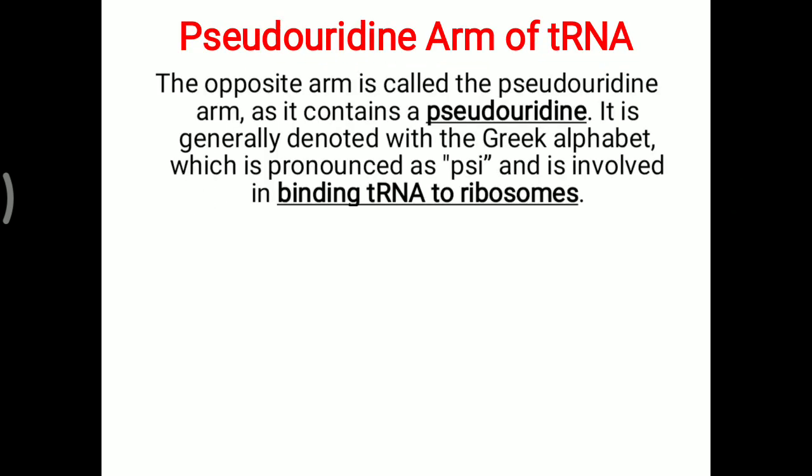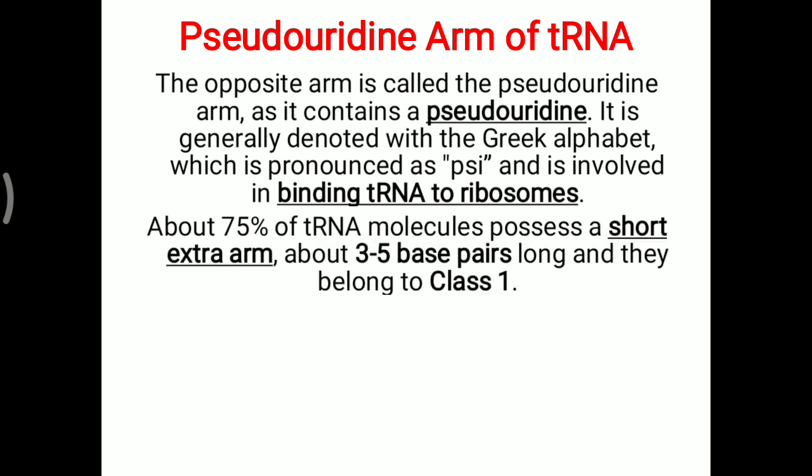The arm opposite to the D arm is called the pseudouridine arm as it contains pseudouridine. It is generally denoted with the Greek letter psi and is involved in binding of tRNA to the ribosome. Previously, the D arm was for enzyme activity; here, the pseudouridine arm is for binding to the ribosome.